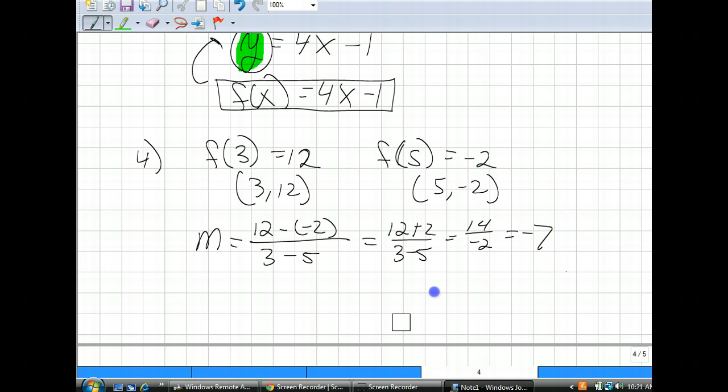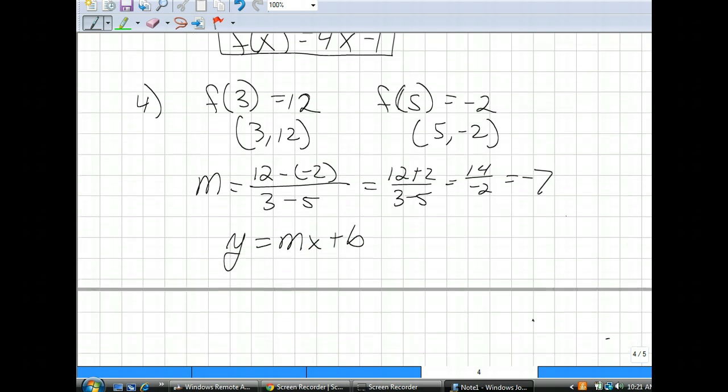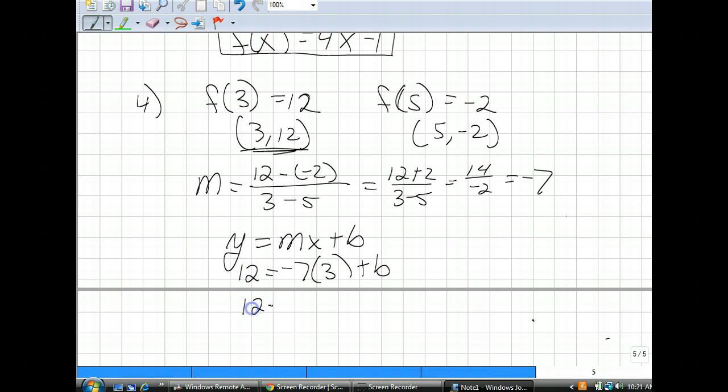So our slope is negative 7. Then I'm going to use y equals mx plus b, and I'm going to use the first point. So y is 12, m is negative 7, x is 3, and I want to find b. So I have 12 equals negative 21 plus b.